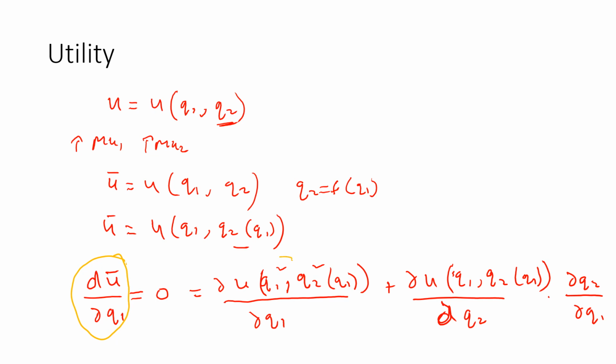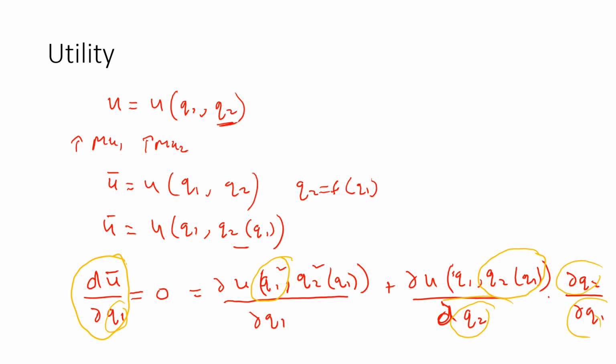First we take the derivative with respect to Q1 and then we take the derivative with respect to Q2, but we are actually finding the change in utility due to the change in Q1. So when we do that, we also have to find the change in Q2 due to the change in Q1.